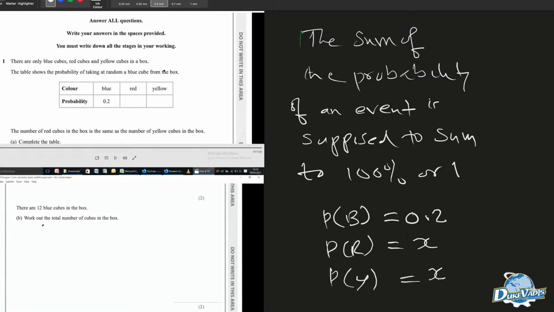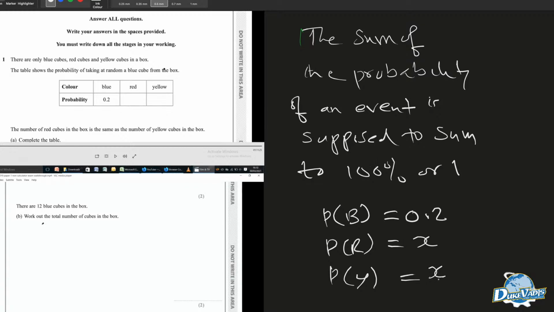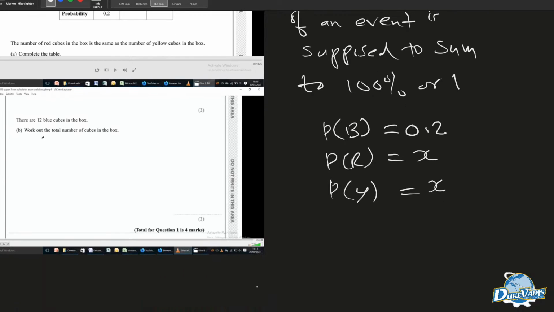If you add all the probabilities together, it's supposed to give us 1. So P(B) plus P(R) plus P(Y) should equal 1.